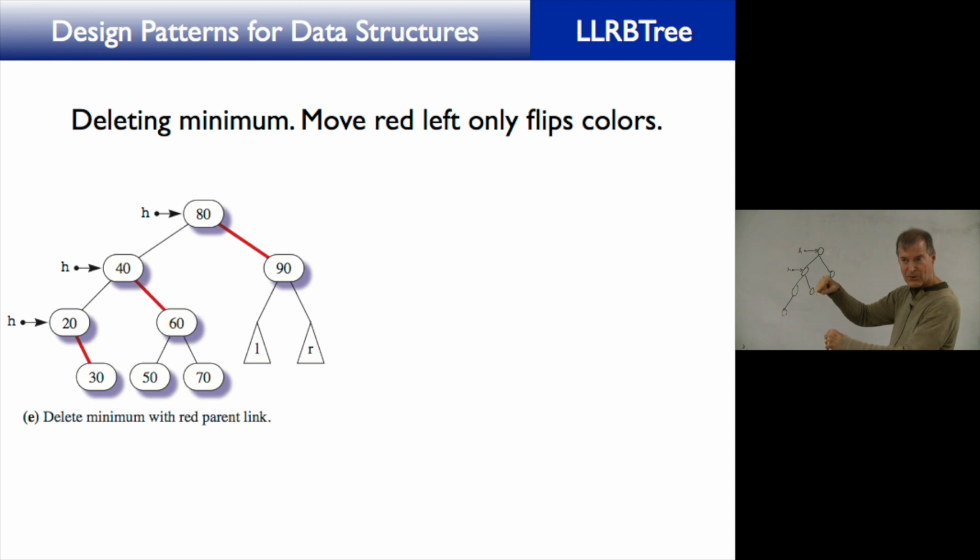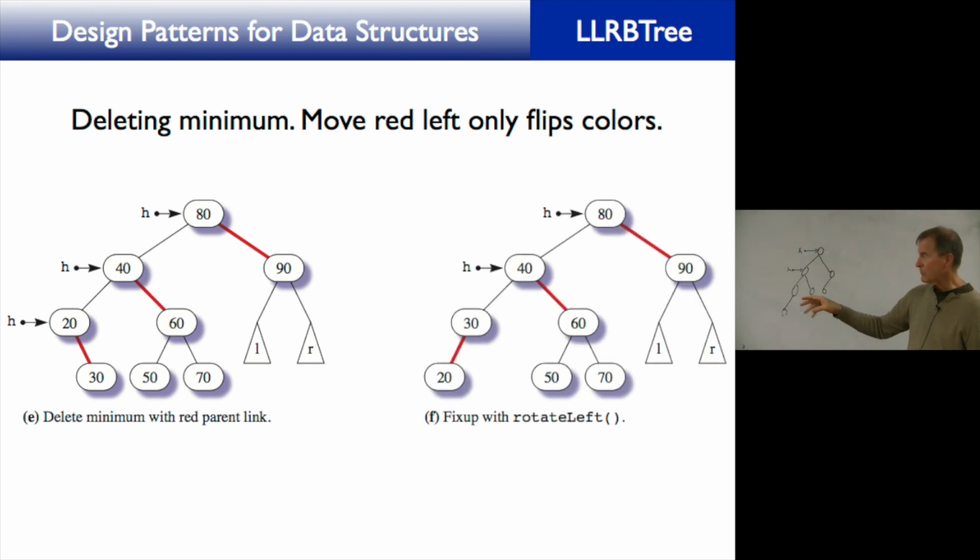And then if it had two what in a row? Two reds in a row, but does it? No. And then what? A red left and a red right. But does it have a red left and a red right? No. So what will that do? That will rotate, fix up with rotate left. Are you with me? Is this good? Okay, and now what? And this one.